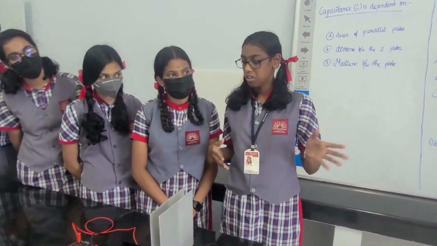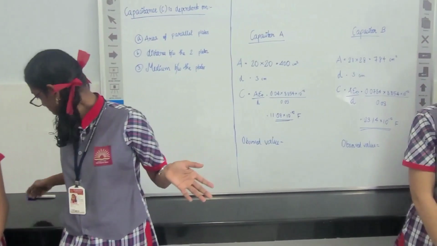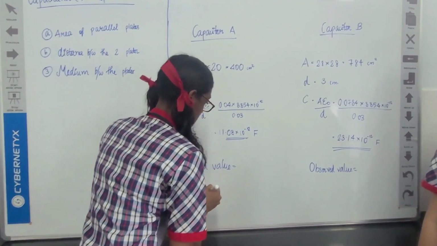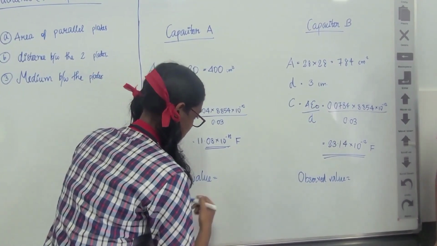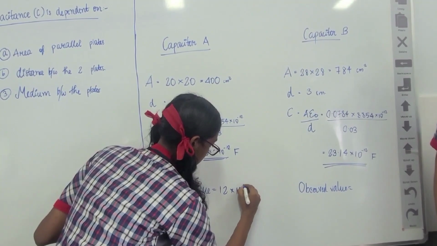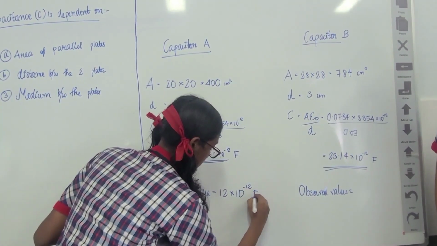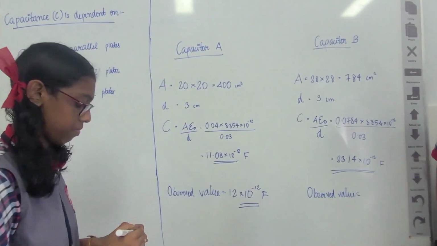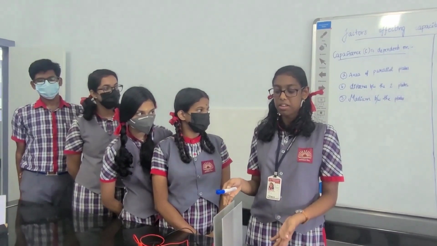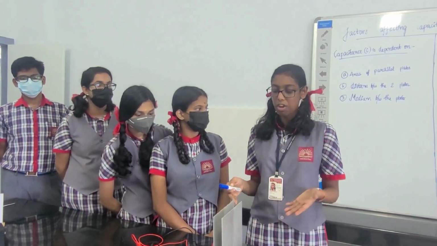Now it is very close to our theoretical value. So in case 1, we have found out the capacitance of capacitor A. Now we are going to capacitor B.